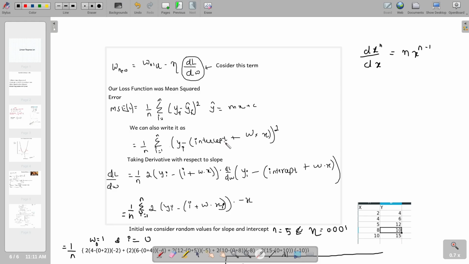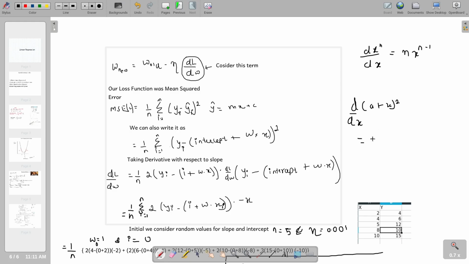Before taking the derivative of this, we'll see what is the derivative of x raised to n. It is n times x raised to n minus 1. We had this in school days, right? And similarly, if we want to apply the chain rule, suppose this was a question, d by dx of (a plus x) raised to n.